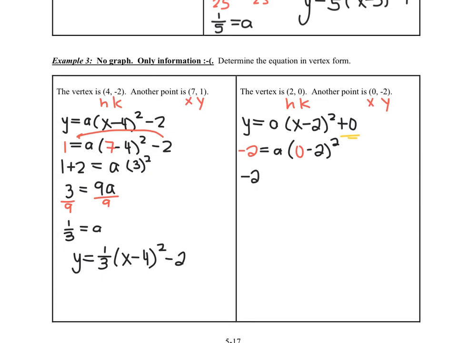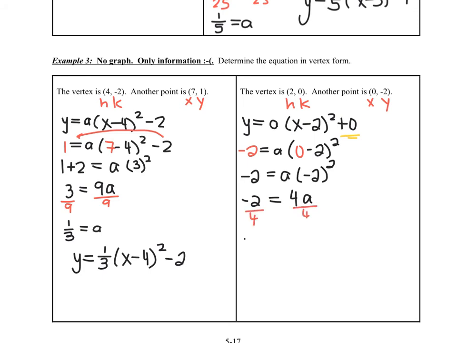So I'm just going to simplify inside my bracket. 0 minus 2 is negative 2. Please, please remember, when you raise a negative number or a positive number to the power of 2, it's positive always. And if you need to put it into your calculator, use the brackets. So here, negative 2 squared is positive 4. Okay? And now I can divide both sides by 4.